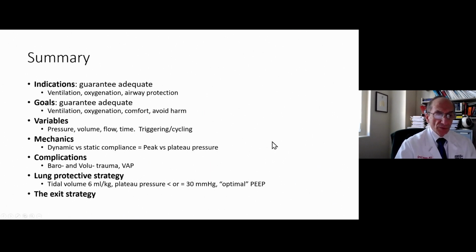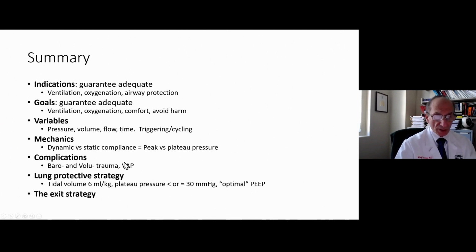The variables that we have at hand are pressure, volume, flow, and time. And we talked about what triggering and cycling mean. In terms of mechanics, we talked briefly about dynamic and static compliance, which we get from peak and plateau pressure measurements.